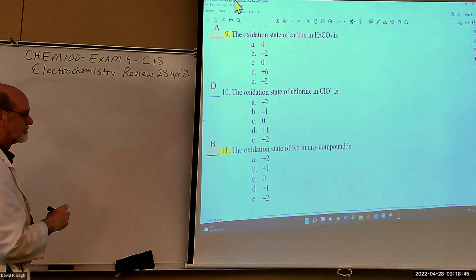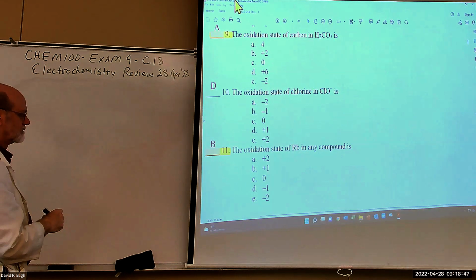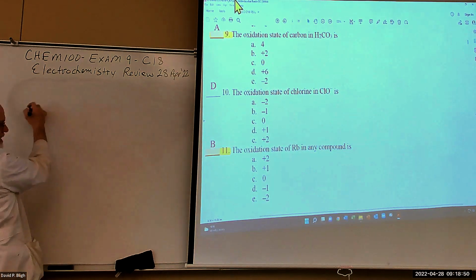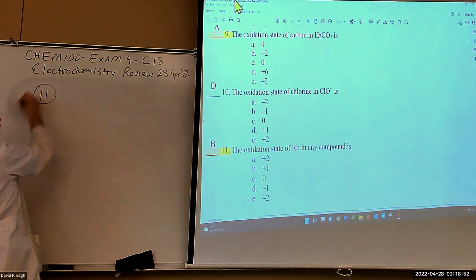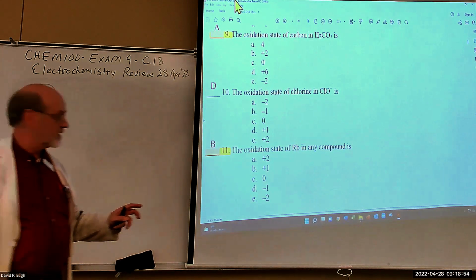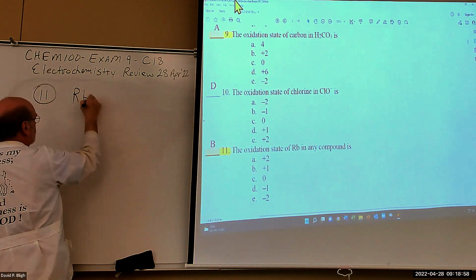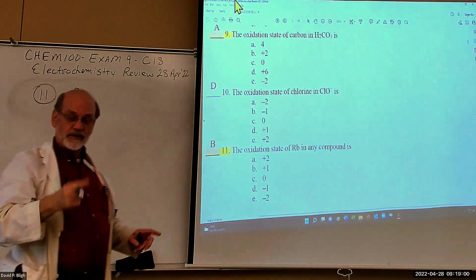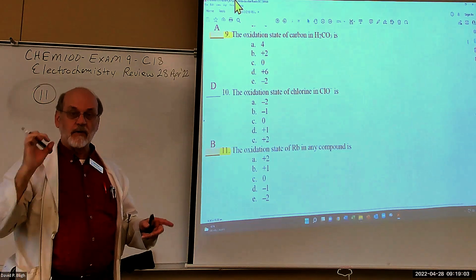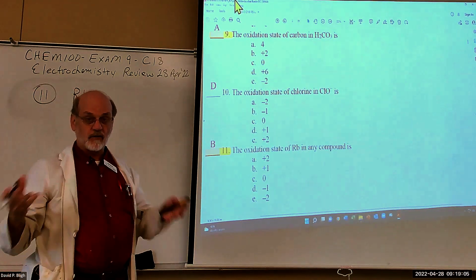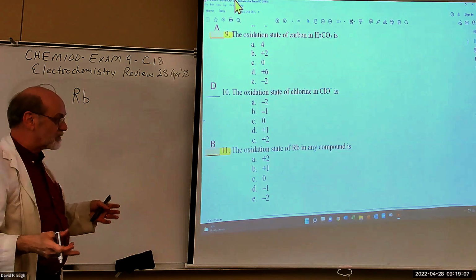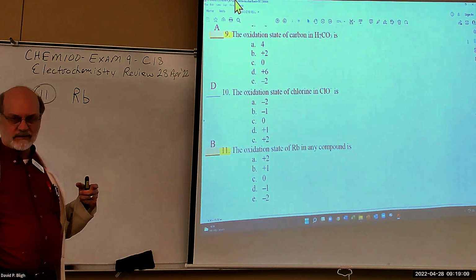Number 11. Let's see. Be careful of the wording in number 11. The oxidation state of rubidium. If it stopped there, what would the oxidation state be? 0. Oxidation state of rubidium. But this says rubidium in any compound.